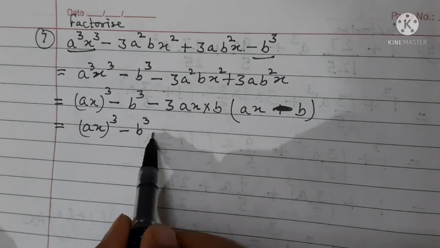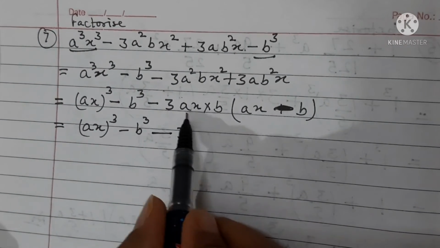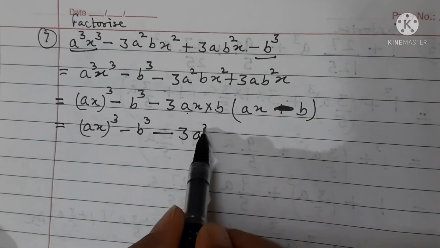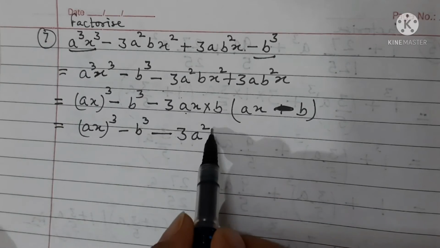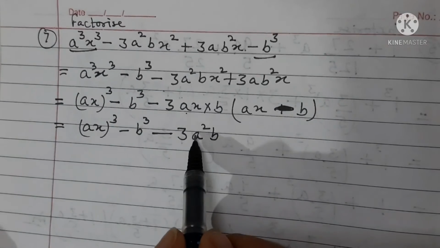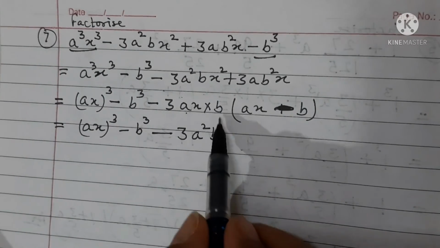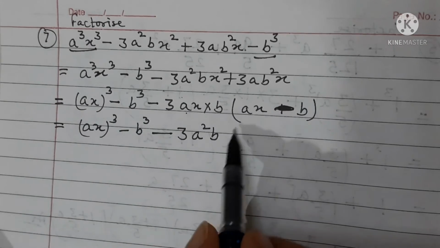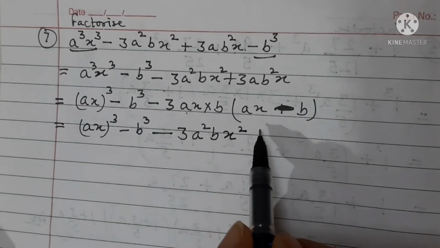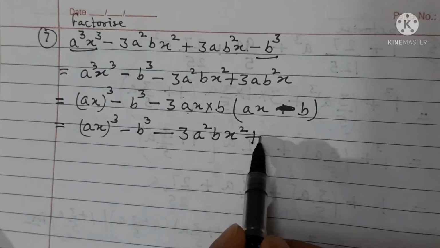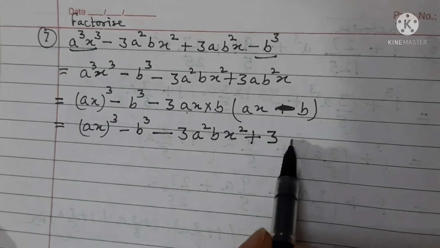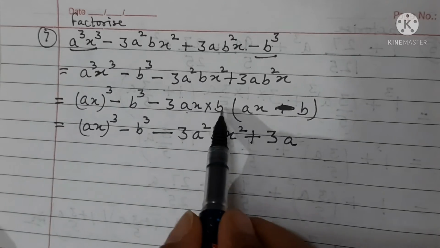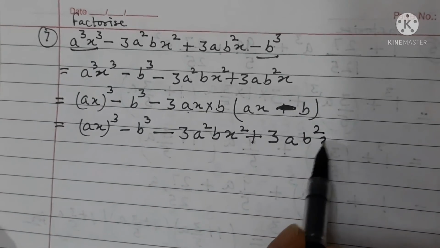So here minus 3a into a square b x square, a into a square, b only single, and x into x square, minus minus plus, here 3a and b square x.